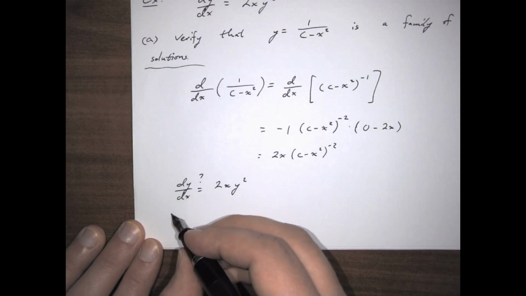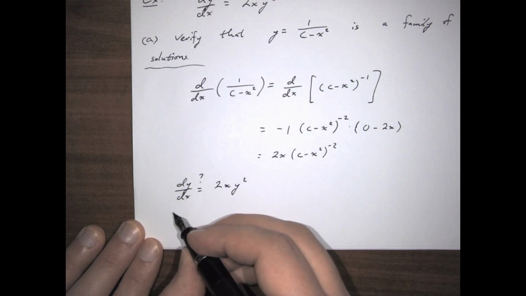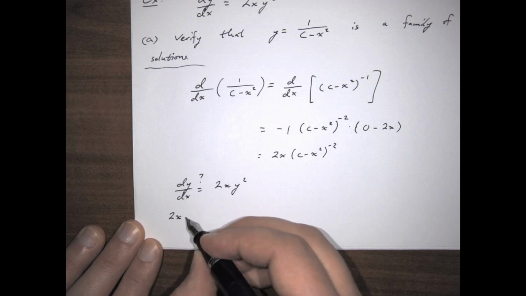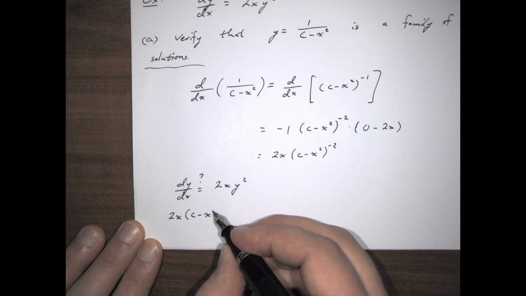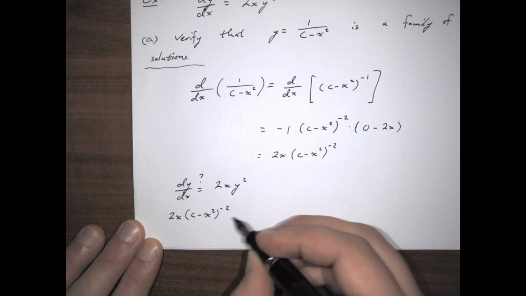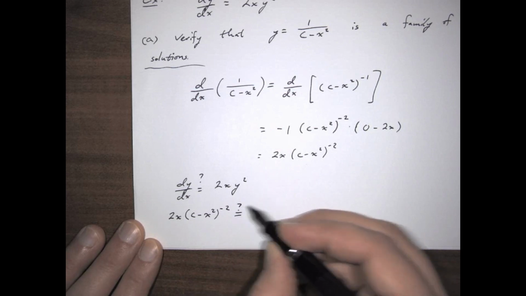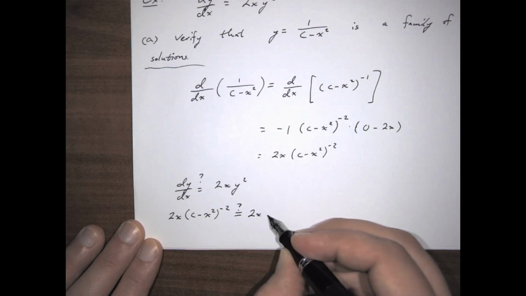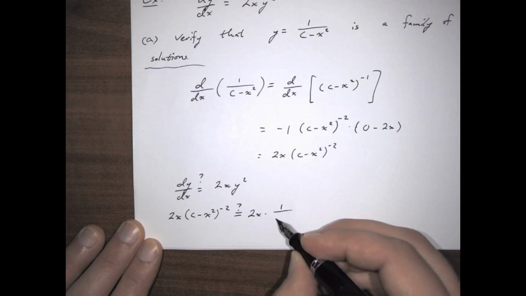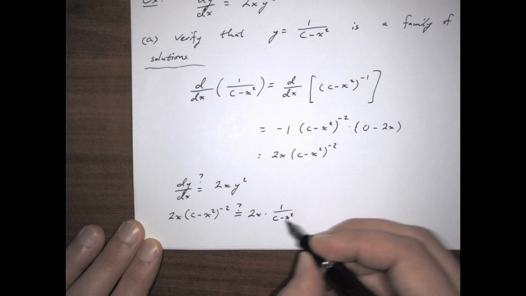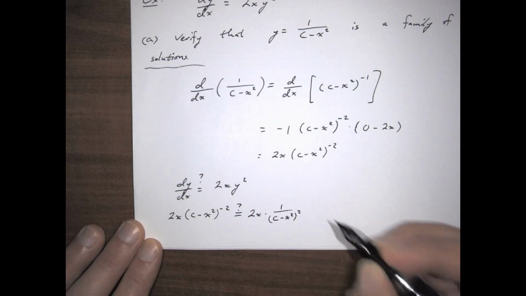So we just found that dy dx, we just took the derivative and discovered 2x c minus x squared negative 2. Is that truly equal to 2x times y squared?